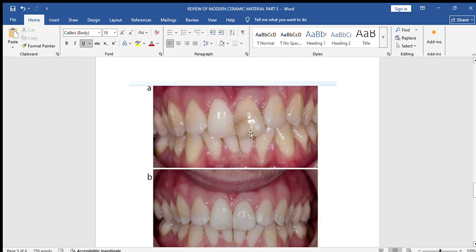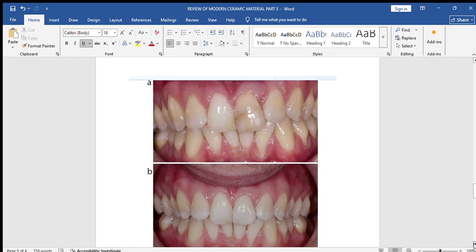Look at the 2-1, which was restored with composite restoration almost 1 year ago. It is discolored. It's a class 4 restoration, which is showing 50% loss of tooth structure. So this restoration has failed. Now the question arises: this patient came again to OPD with aesthetic concern.